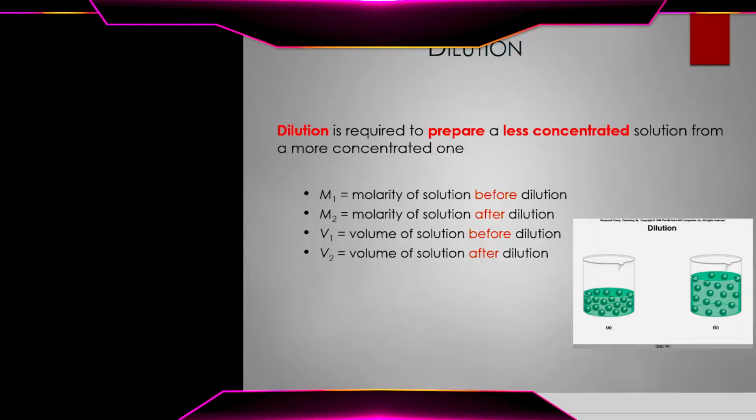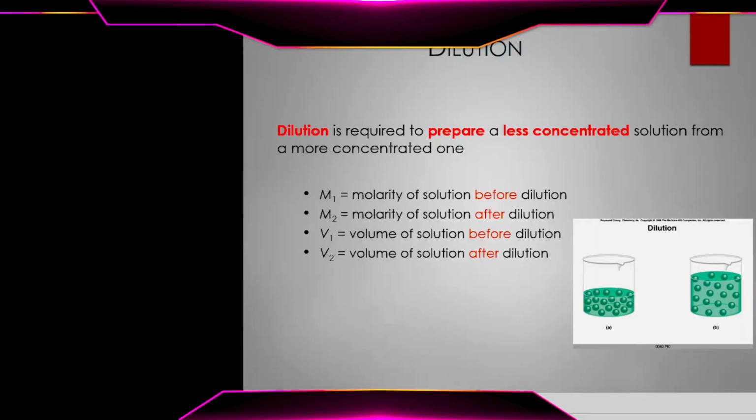So they will have the volume that they need, they will have the concentration that I want, and they will have a concentrated bottle of acid. And they don't know how much to take, and they have to calculate it. And this is where this comes in.